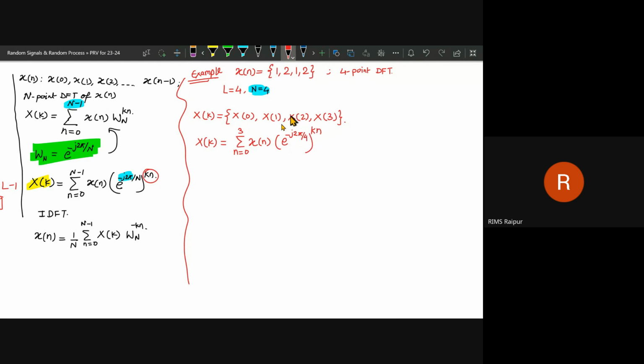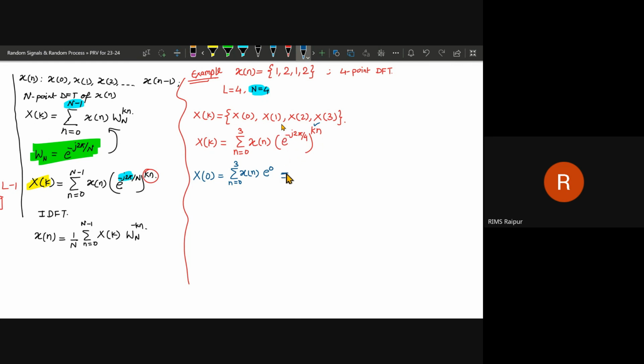Now in order to find x0, we will put the value of k as 0. So it will be summation n is equals to 0 to 3 x of n. Here it will be e raised to power completely 0, because if you put k is equal to 0, anything in the power will be 0. So e of 0 is obviously 1.